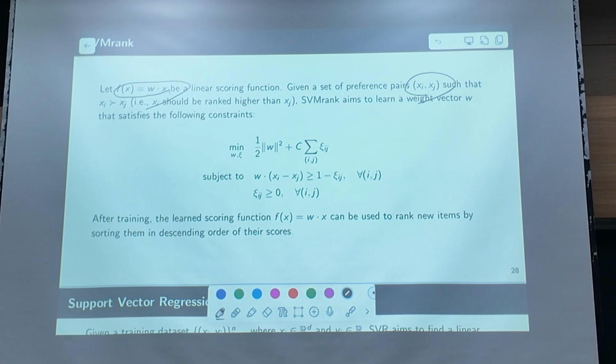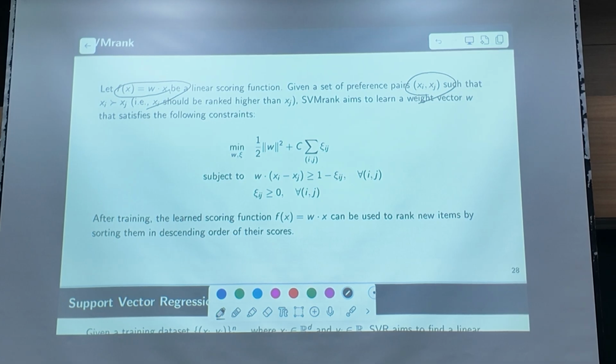The scoring function will rank it so that the one that's ranked above would lie above the line, and the one that's ranked below will lie below the line. So you have a whole bunch of training data.